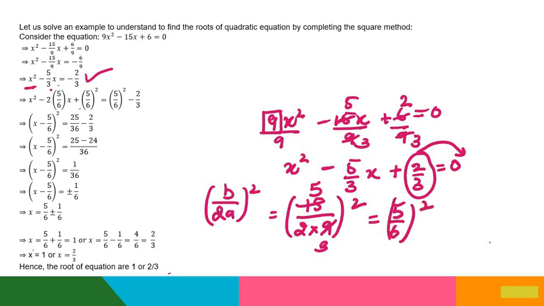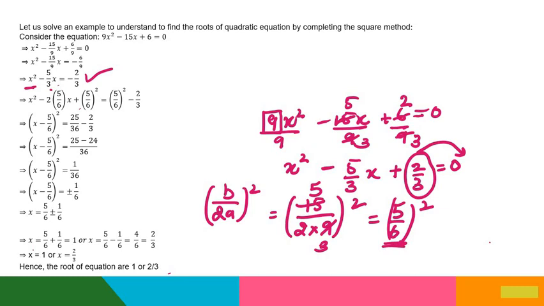If you want to consider the negative sign, you can, but I am not considering it. We know that the square of a negative and a positive number are both positive, so it is not necessary to consider it. That's why we just add or subtract 5 upon 6 on both sides.